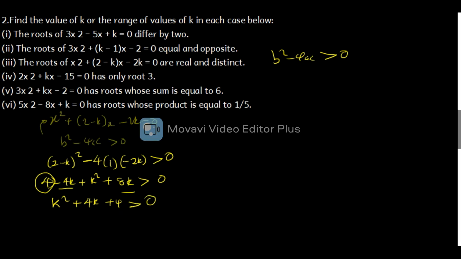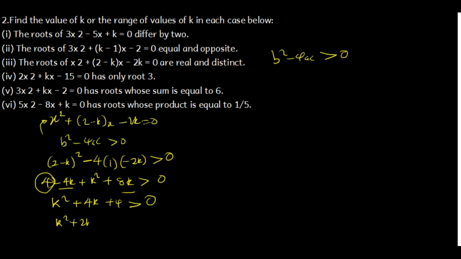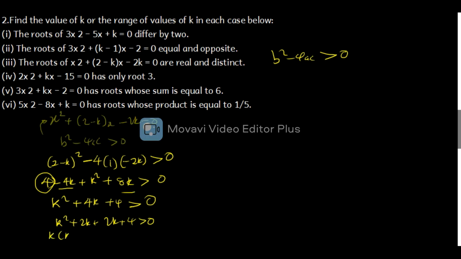Now at this point, I can look for two numbers which I can multiply to get 4 and add to get 4 again. That would be 2 and 2. So this is the same as k squared plus 2k plus 2k plus 4, which is greater than 0. I can also write this as k, open brackets, k plus 2.